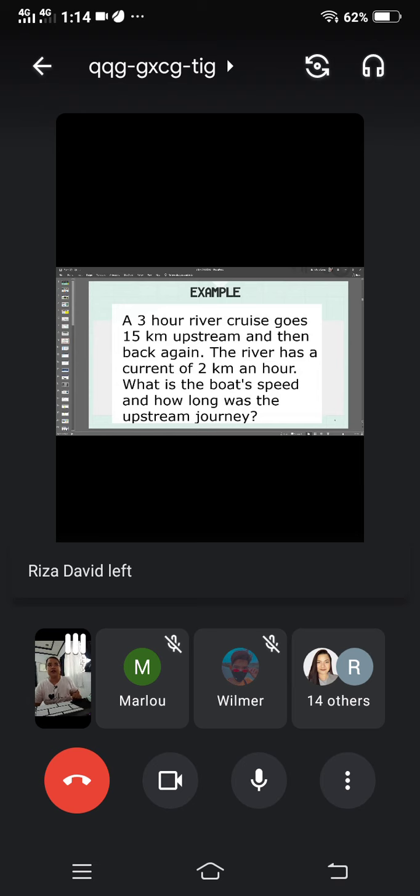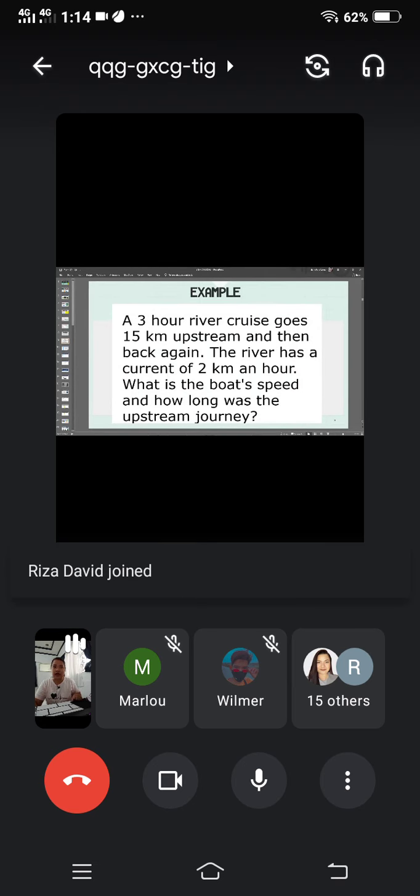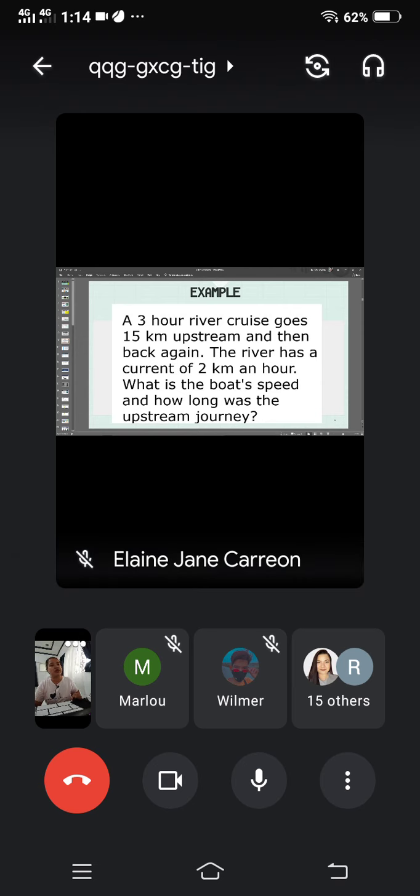So, for you to understand it further, let's have this example. A 3-hour river cruise goes 15 kilometers upstream and then back again. The river has a current of 2 kilometers an hour. What is the boat's speed and how long was the upstream journey? If you are going to just read this word problem, you're going to imagine what the river looks like.